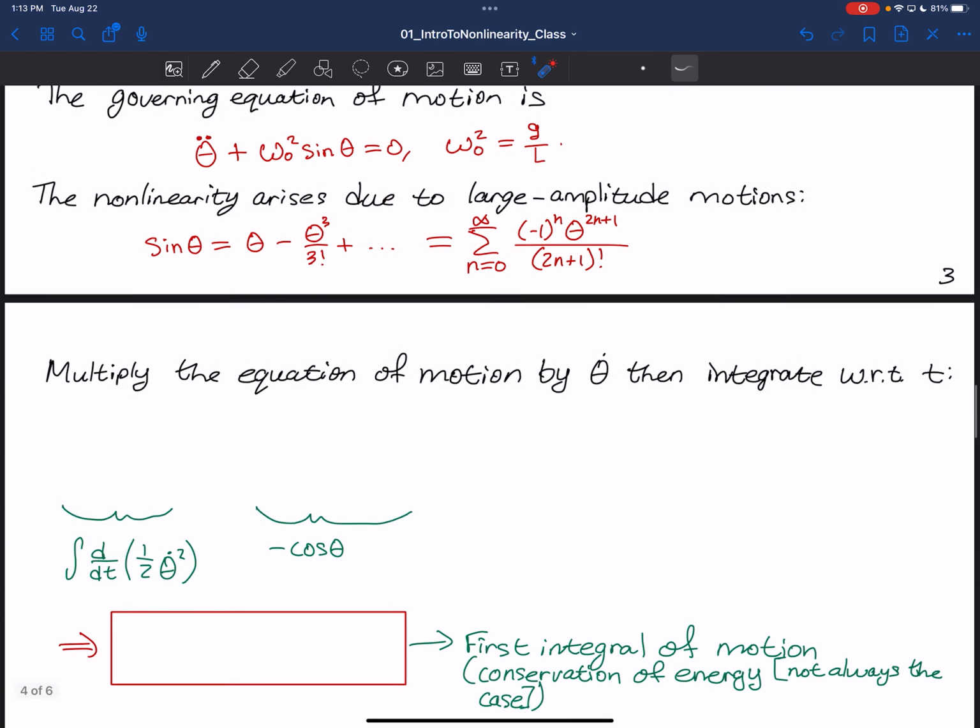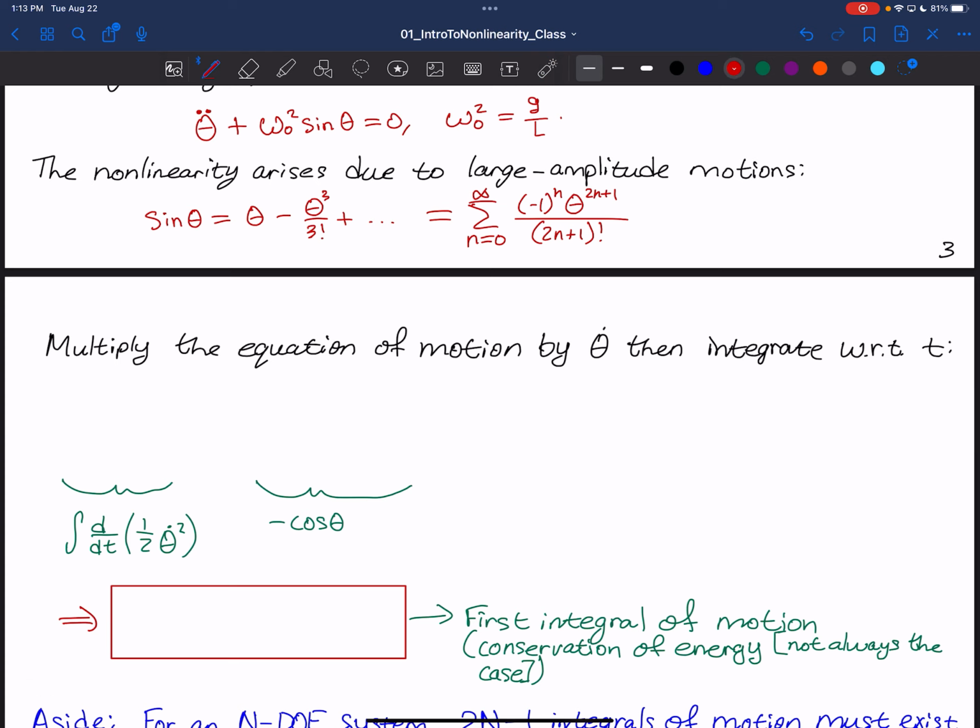All right, so what we're going to do here is multiply that equation of motion by theta dot, and then integrate with respect to time, or t in this case. So I'll just write it out. Theta dot times theta double dot plus omega 0 squared theta dot times the sine of theta.